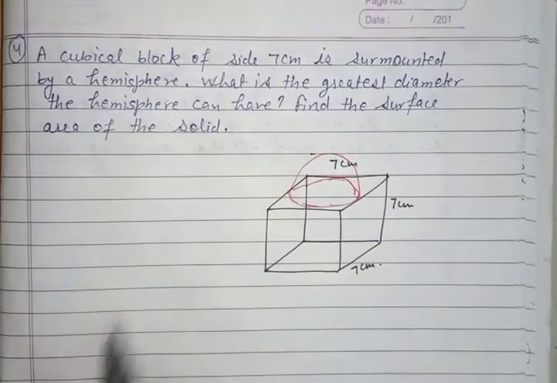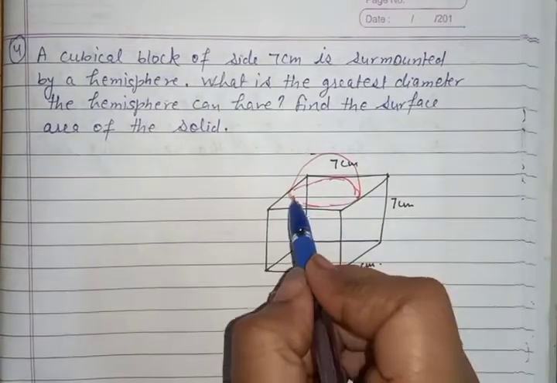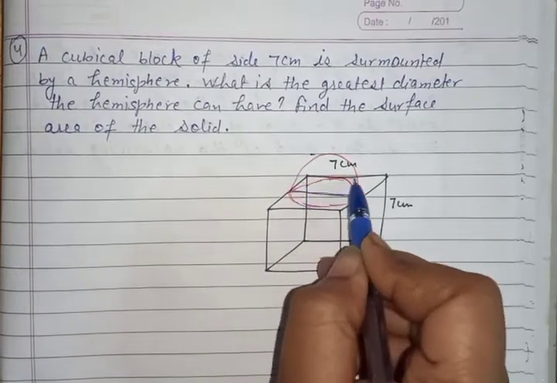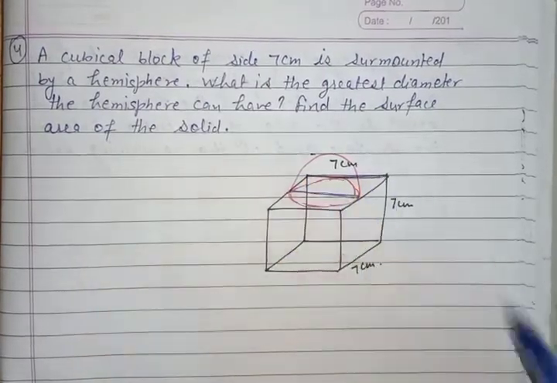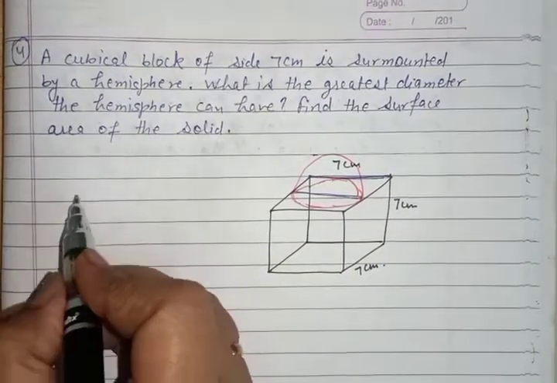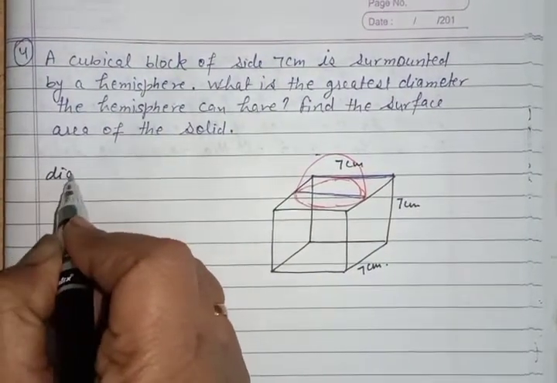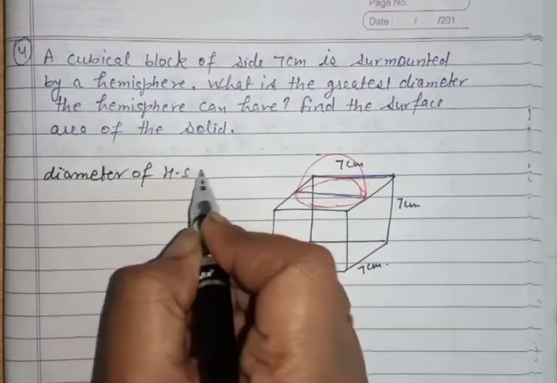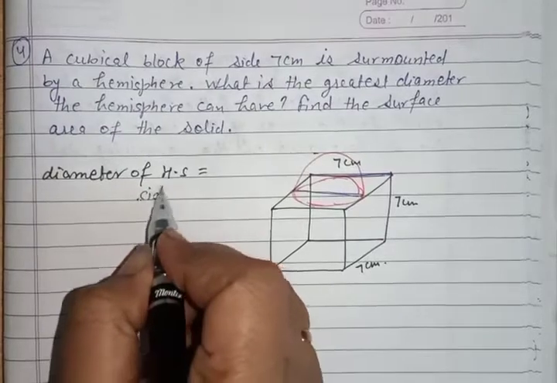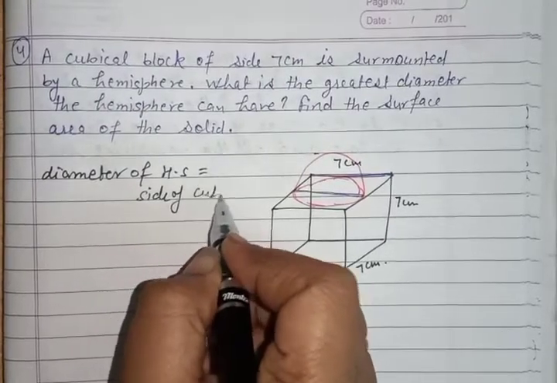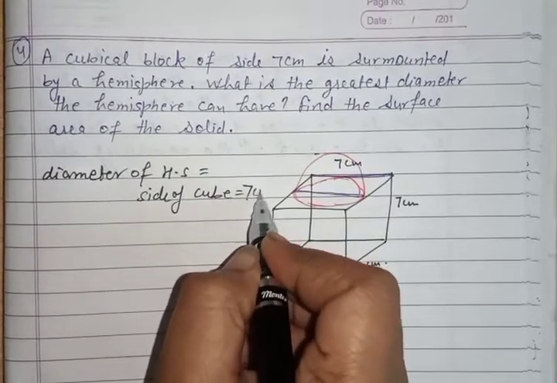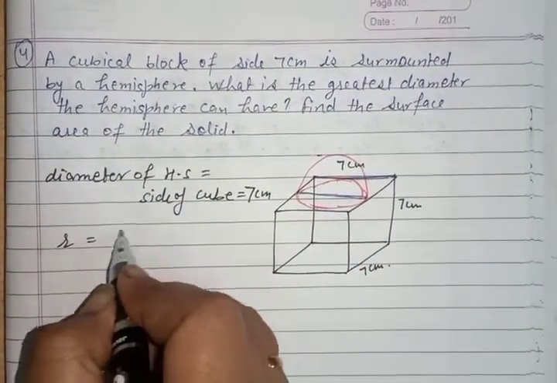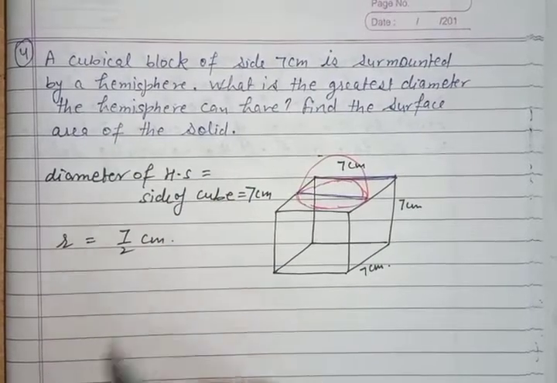You can see that the diameter of this hemisphere is equal to the side of this cube. So we can write, diameter of hemisphere is equal to the side of cube, which is equal to 7 cm. So radius is equal to 7 by 2 cm.